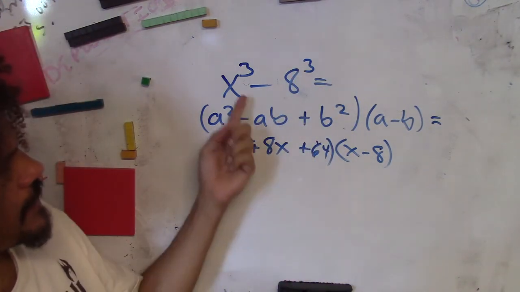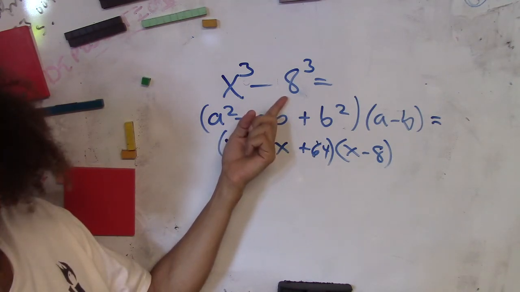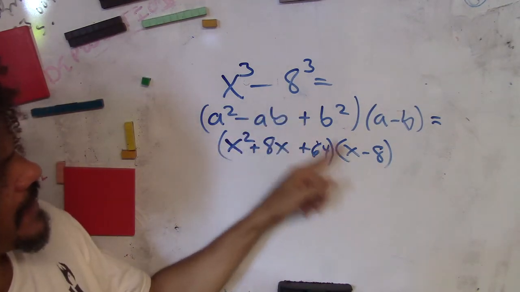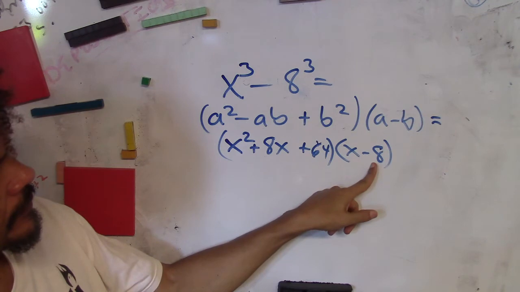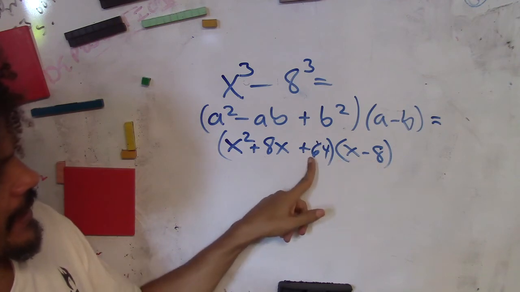Alright. So that was 8 cubed, but I wanted just 8. But wait, before I even do that, what's that? That's the cube root of 8, obviously. What's that? That's squared.